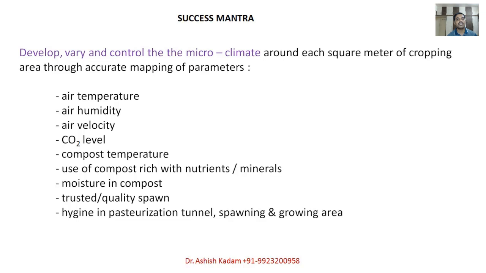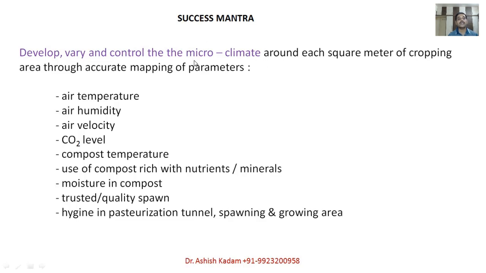They are measuring air velocity, compost temperature, CO2 level, oxygen level at the height of the button mushroom, just 1 or 2 centimeters above the casing surface. They are not measuring at the level of your air handling unit or at the level of the ceiling. They are measuring at each level of the bed, at each bag.